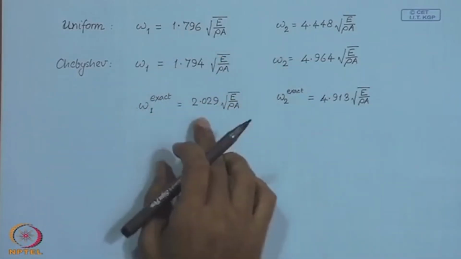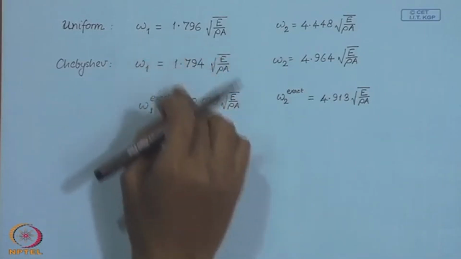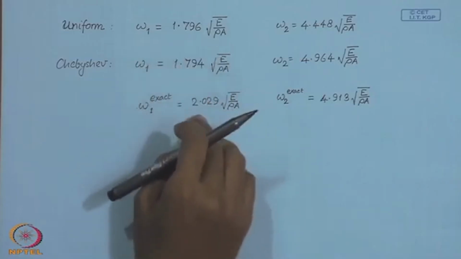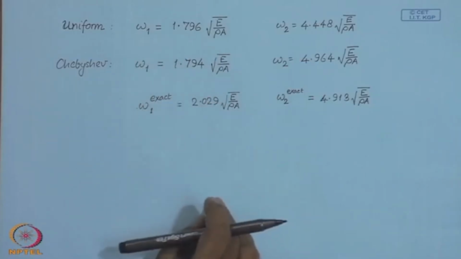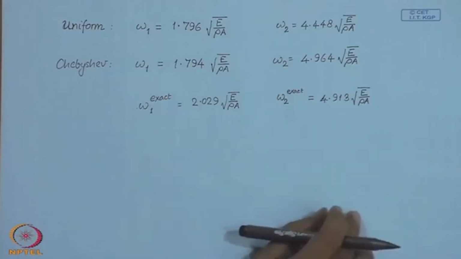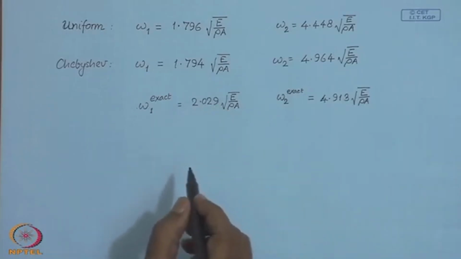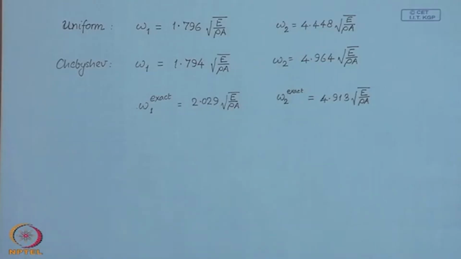Here what we find is the fundamental circular natural frequency is in some error from the exact circular natural frequency, while the second one is more close. Now, this collocation method has this disadvantage that it does not have that upper bound property as we saw in the energy based methods.